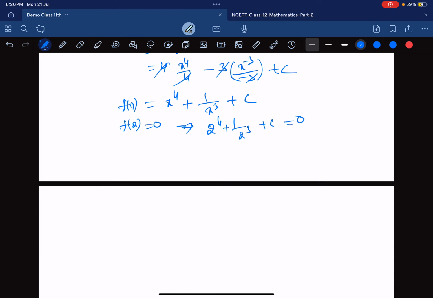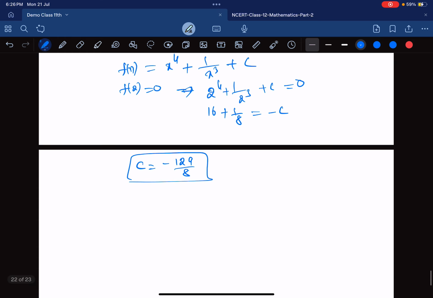From this, 2 power 4 is 16 plus 1 by 8 is equal to minus c, or c is equal to minus 129 by 8. So therefore f of x is equal to x power 4 plus 1 by x cube minus 129 by 8.